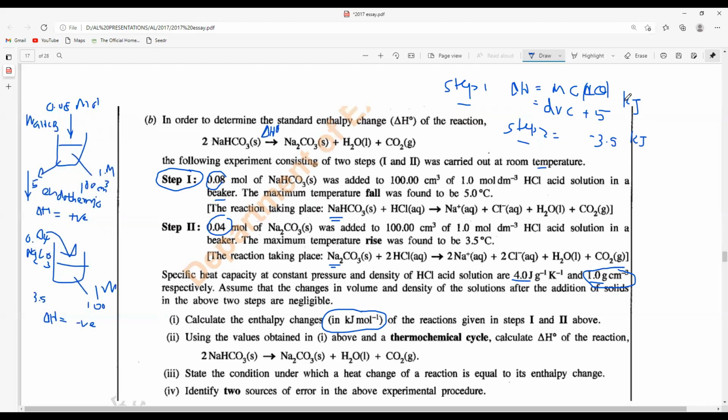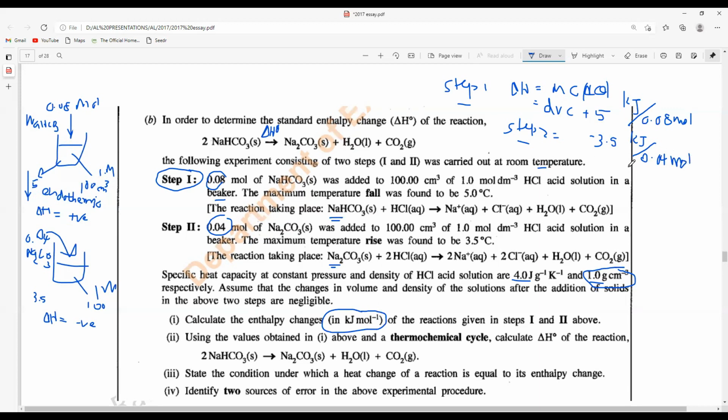So the kilojoule amount that you find here, divide by 0.08 in the first step, and then you will get it in kilojoules per mole. In the second step, you divide this by 0.04 moles, right? So you can get these two as answers.